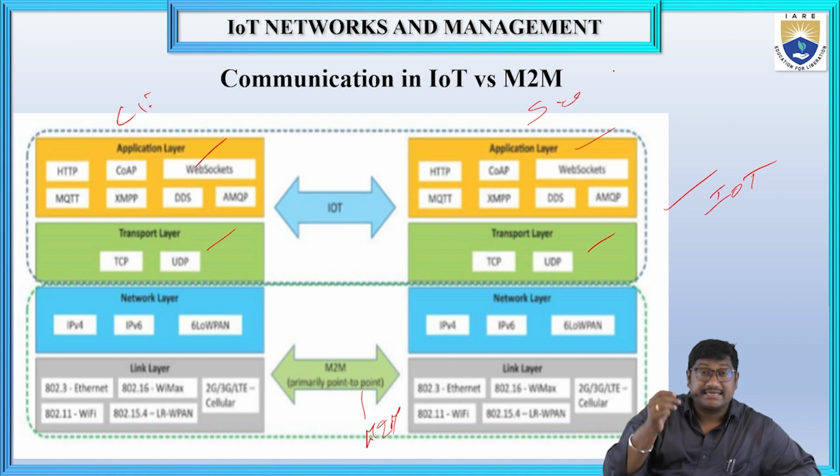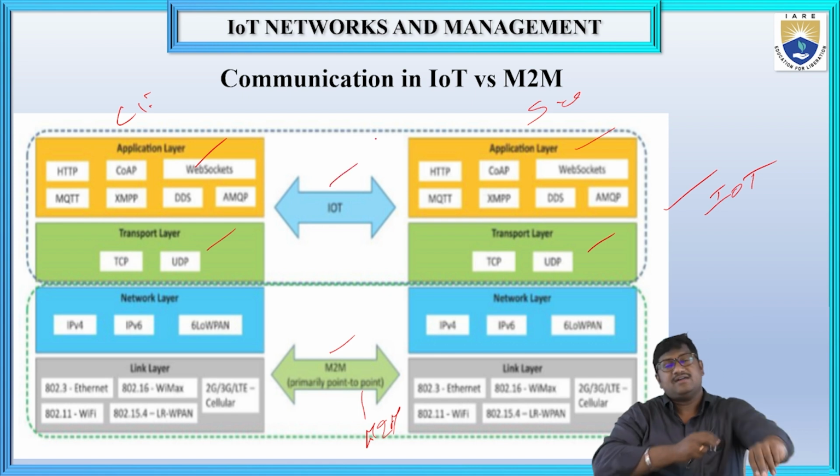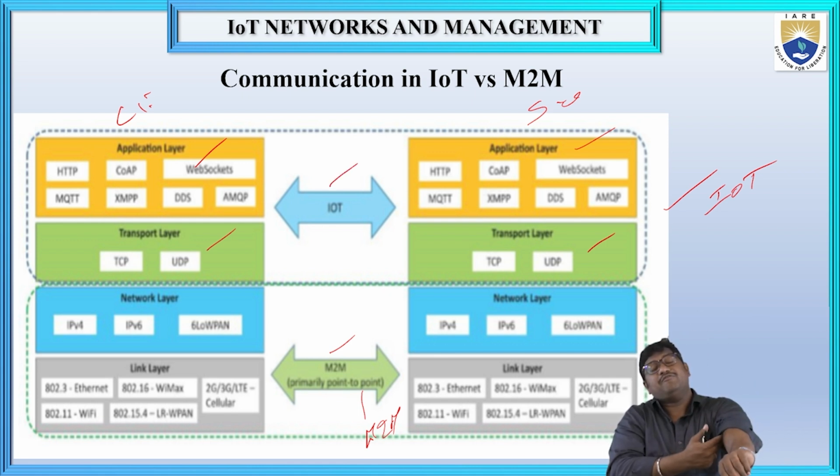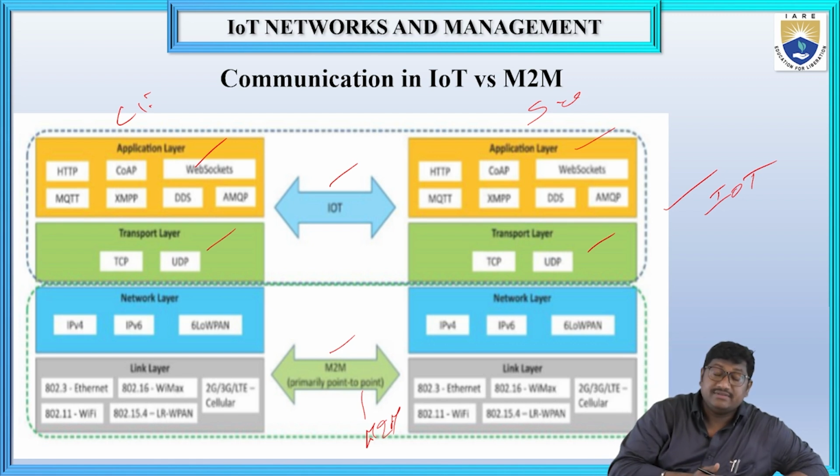And coming to network and link layer, those are taken care of by M2M. There are four layers which I already told you in our discussion at the time of the introduction to Internet of Things. There we have seen four levels: application, transport, network, link. Whereas application and transport come under IoT, and network and link layer come under machine to machine, which is a point to point communication channel.